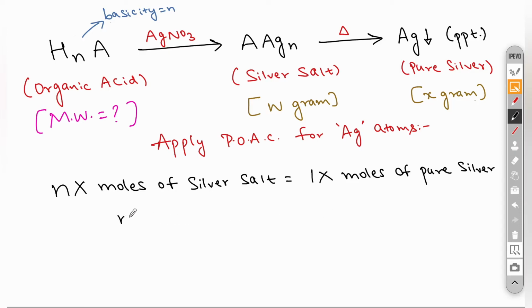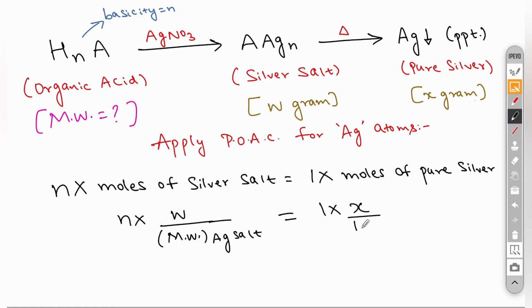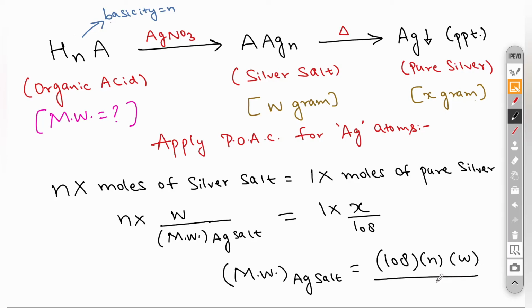So n multiplied by W divided by the molecular weight of silver salt is equal to 1 multiplied by moles, the weight is X, divided by the atomic weight of silver, 108. So the molecular weight of silver salt will come out to be 108 times n times W divided by X. This will be the molecular weight of silver salt.